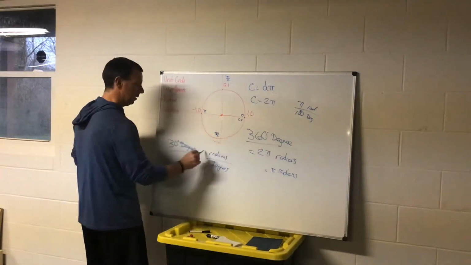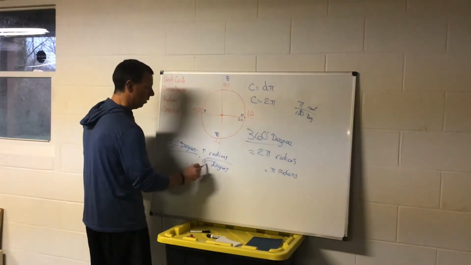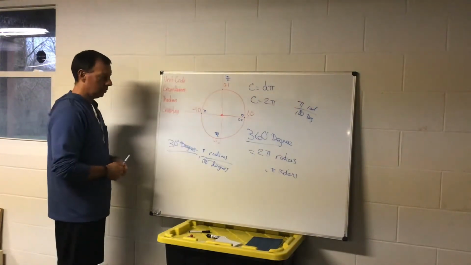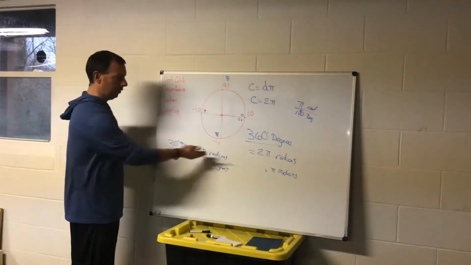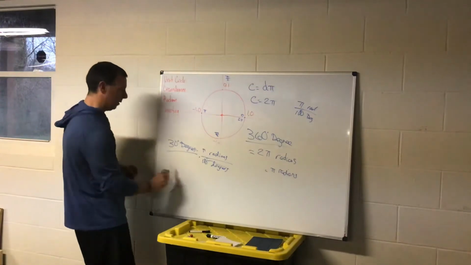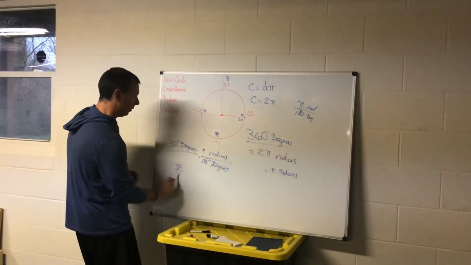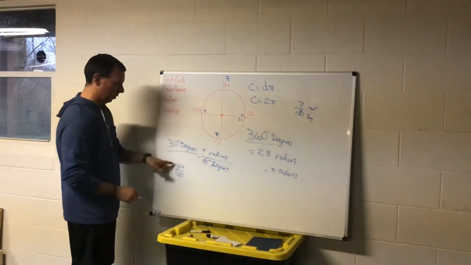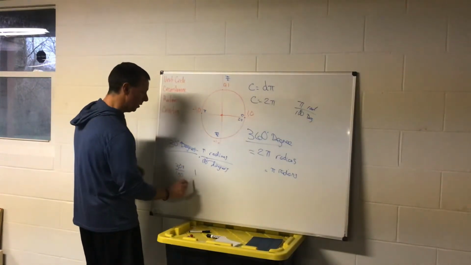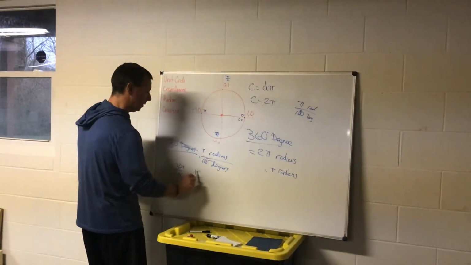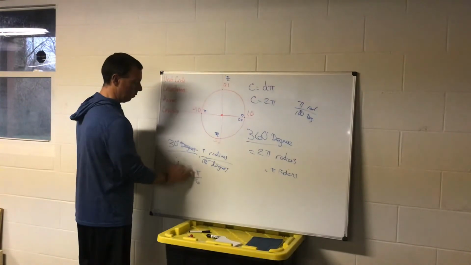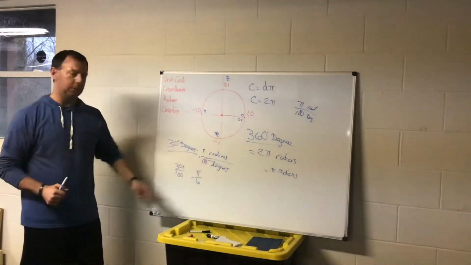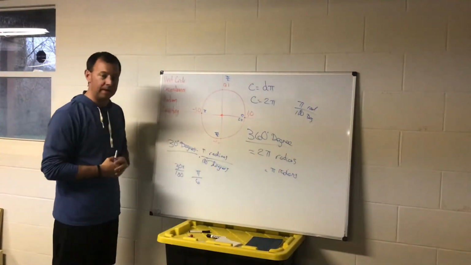That's pi over 180. So if I were to find out how many radians 30 degrees is, I would have 30 over 180 pi. Of course, that reduces to 1/6, so we can get rid of the 1. 30 degrees is equal to pi over 6 radians.